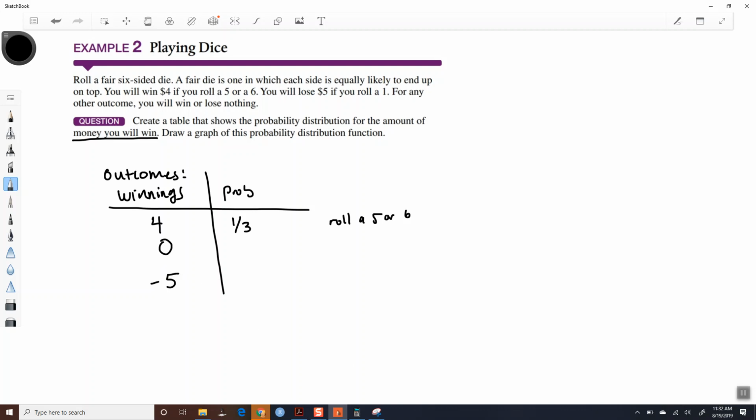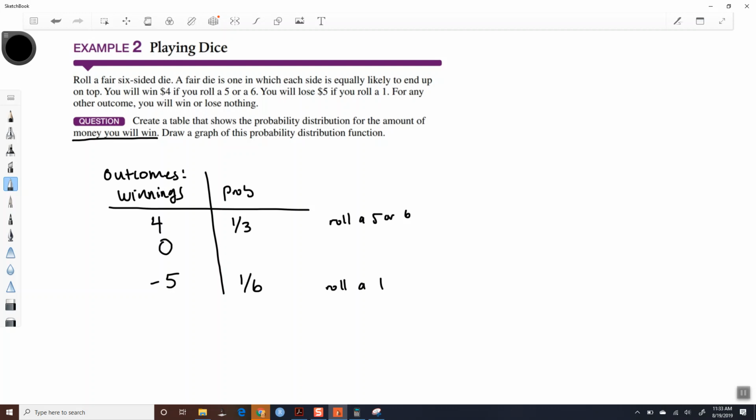We'll lose $5. So what's the probability that I lose 5? This happens if I roll a 1, and so that will happen with probability 1 out of 6. And everything else will result in winning 0.